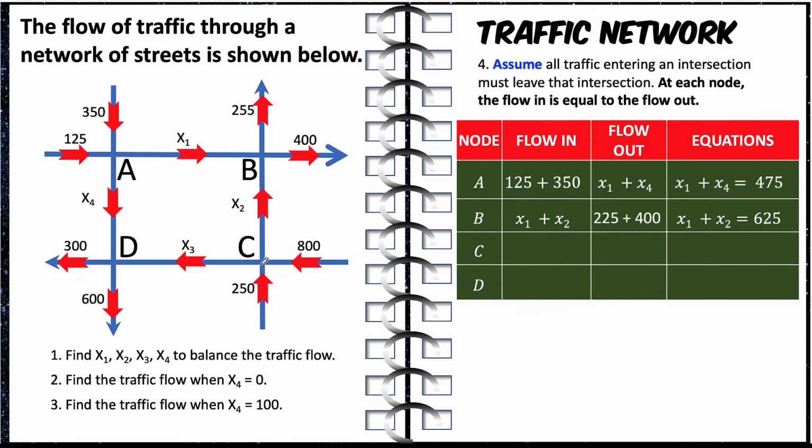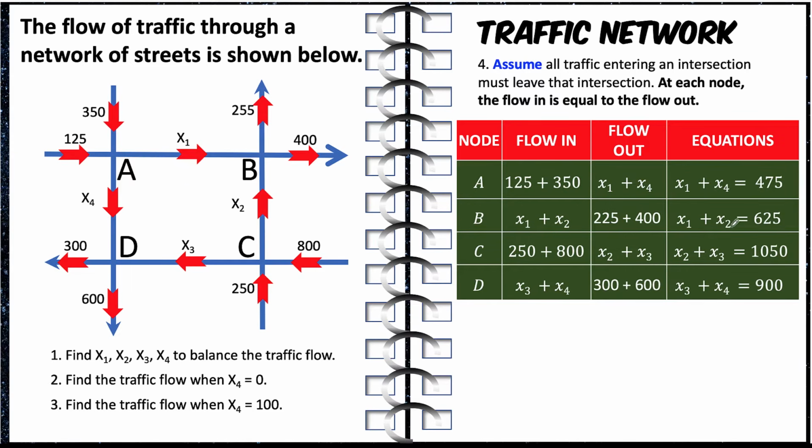Now for node C, the flow in would be the sum of 800 and 250, and the flow out would be the sum of x2 and x3, and the equation is, we equate these 2 expressions. And for node D, the flow in would be x4 plus x3, the flow out would be 300 plus 600, and we equate these two to arrive at x3 plus x4 equals 900.